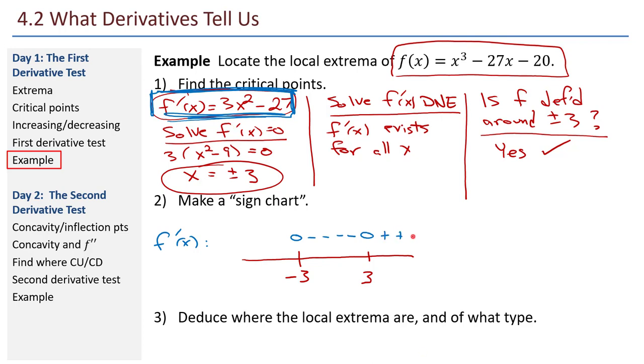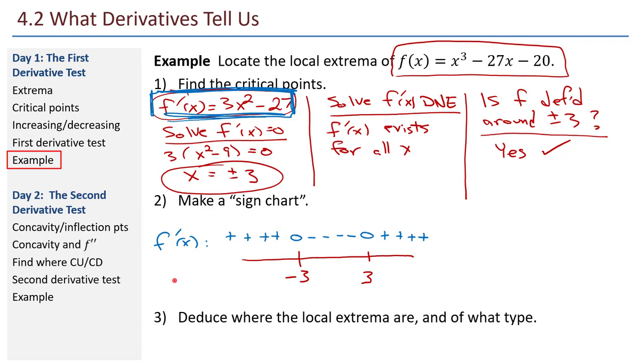So all of the derivatives for x values greater than 3 are going to be positive. And now, lastly, let's consider the negative portion. What if I throw in a negative number less than -3 into my first derivative? Say -10, 3 times -10 squared minus 27. -10 squared is positive 100. So that whole thing is definitely positive.